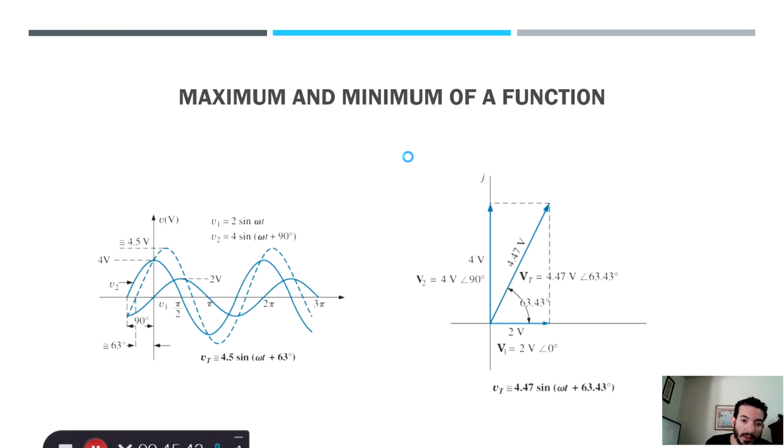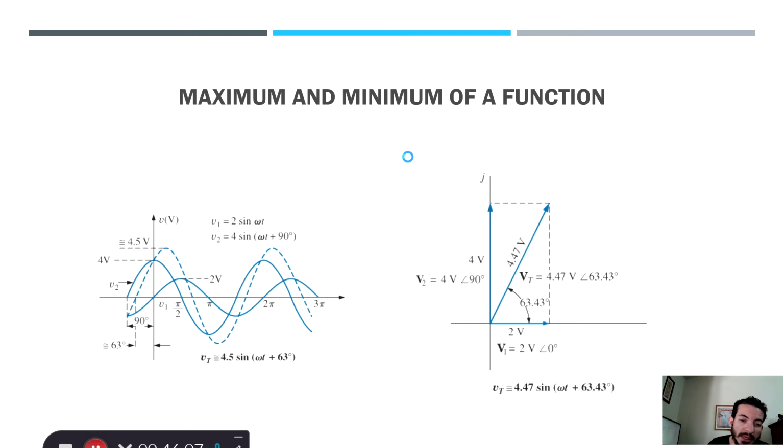So another thing is how to calculate the maximums and minimums, and we're going to get to that point. If you talk about maximums and minimums, you can think about deriving. You can derive a function, which we'll review how to do, derivatives.